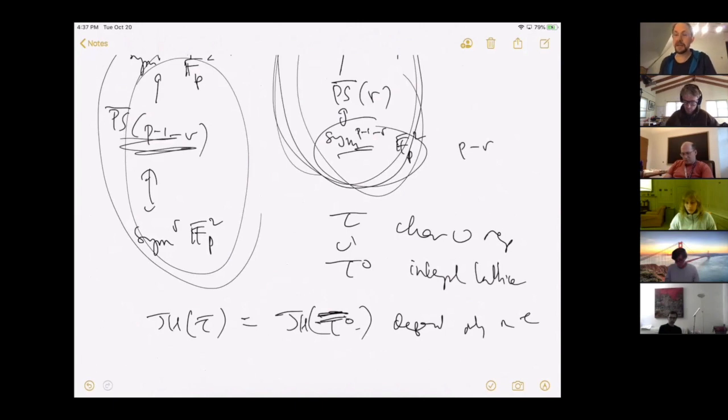Then tau circ, any gamma invariant lattice, is unique up to scaling. But if there's more than one Jordan-Hölder factor, I've just shown you how to build more than one lattice. I've shown you how to build lattices that aren't equal to scalars of each other.